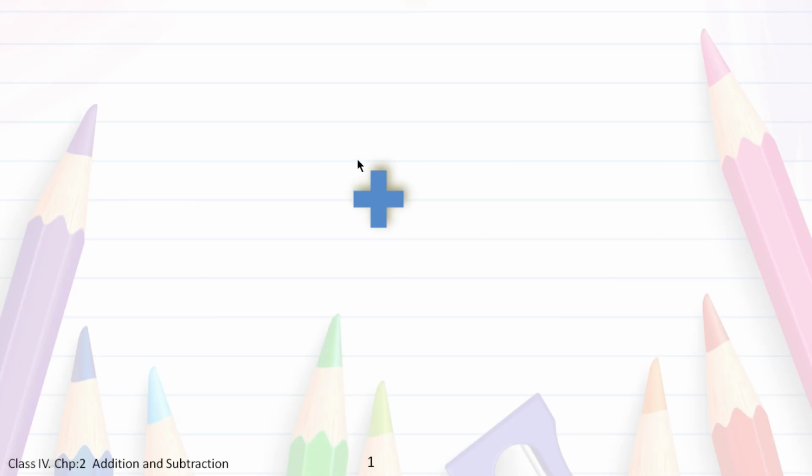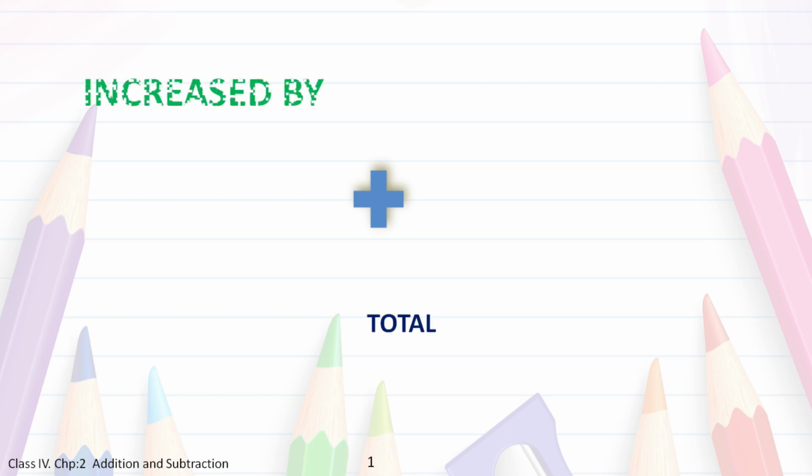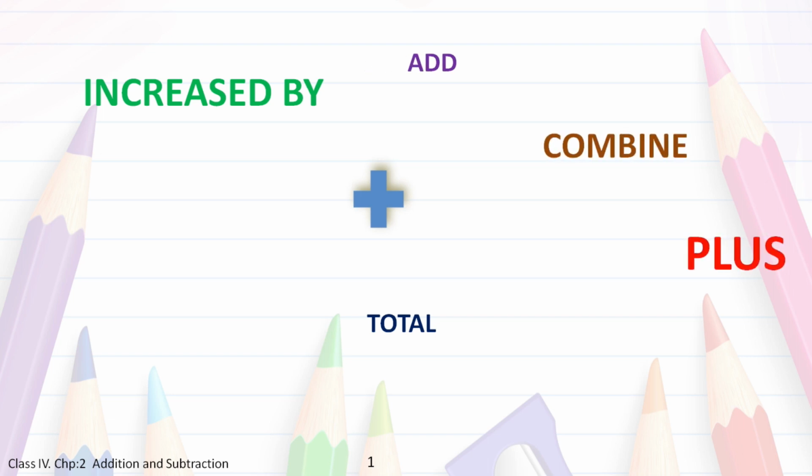Some of the key words that would help you to solve the addition word problems are total, increased by, add, combine, plus, sum, more than, and all together. If you find any of these words in your word problem, that means that the sum is from addition.